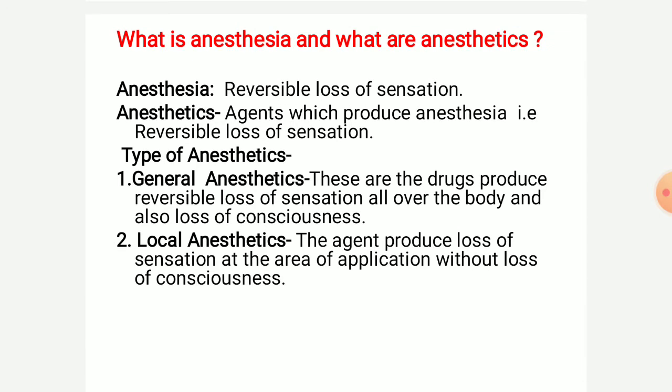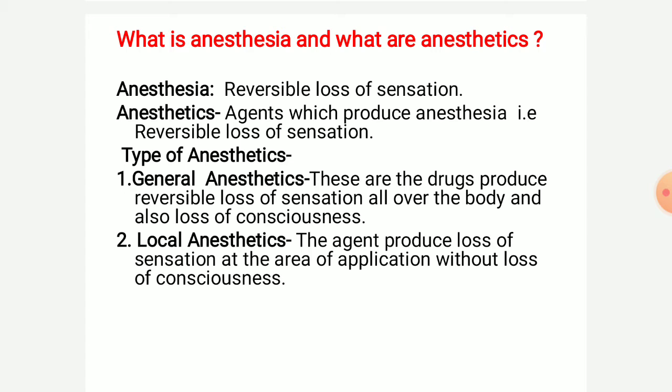So, what is anesthesia and what are anesthetics? There is a different meaning of anesthesia and anesthetics. Anesthesia means reversible loss of sensation. Anesthetics means the agents which produce anesthesia, that is reversible loss of sensation.